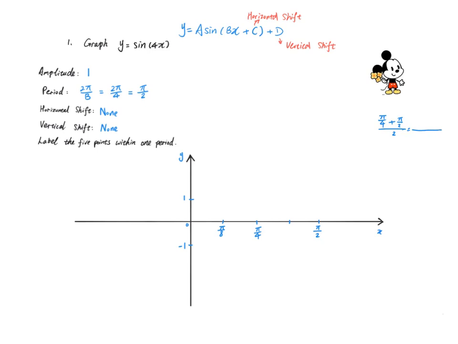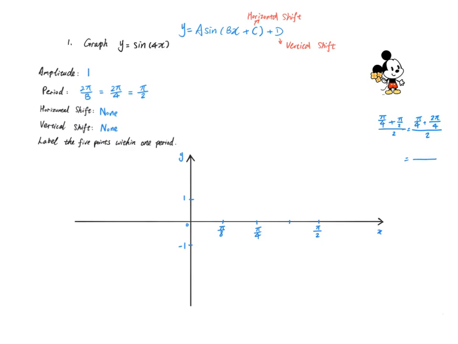Two fractions that don't have a common denominator, so we have to make them have a common denominator. The least common denominator of 2 and 4 is 4. So I want to make sure the second denominator becomes 4. So what will the numerator be? 2 times 2 is 4. So that's why you will have 2 pi on the top, and divided by 2.